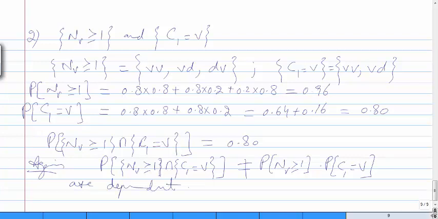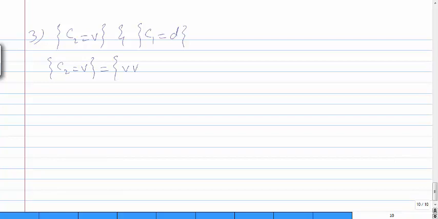Now let's move to the third one. Third one says that we have to look at the event when C2 equal to V and C1 equal to D. So let's write the first event, C2 equal to V. This event includes VV and DV.